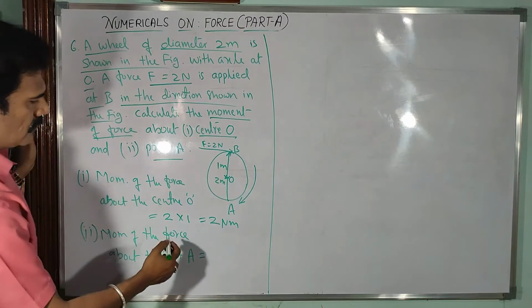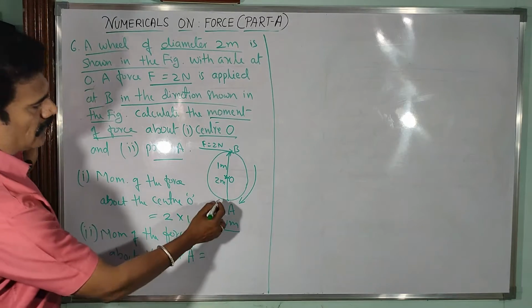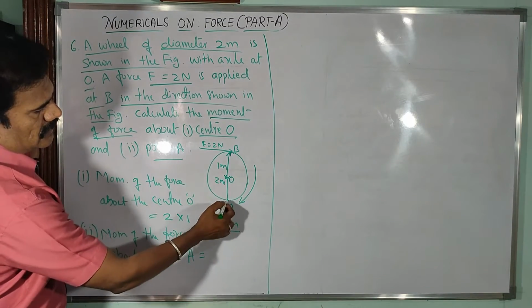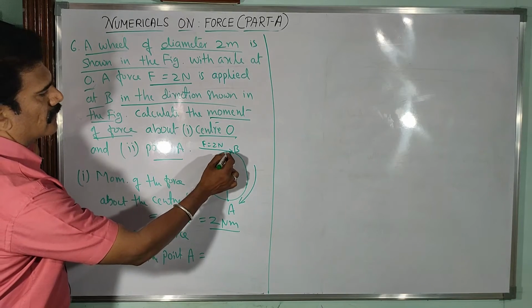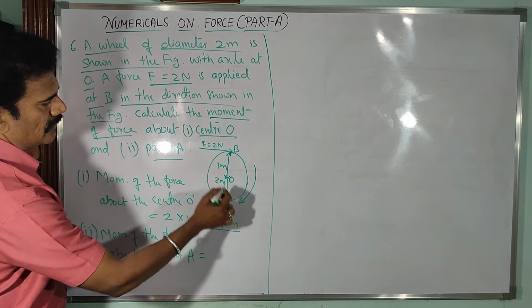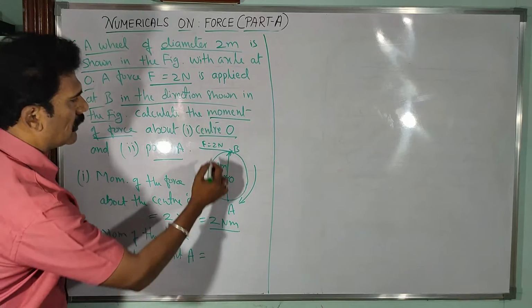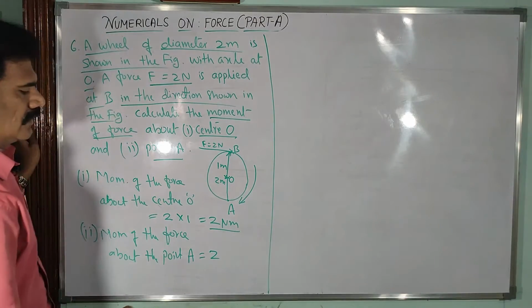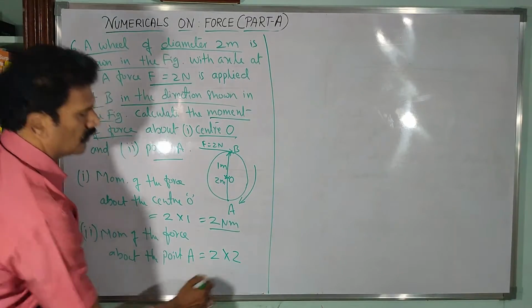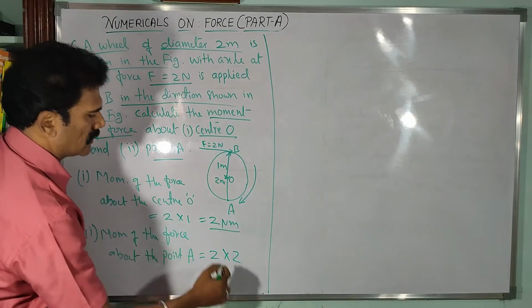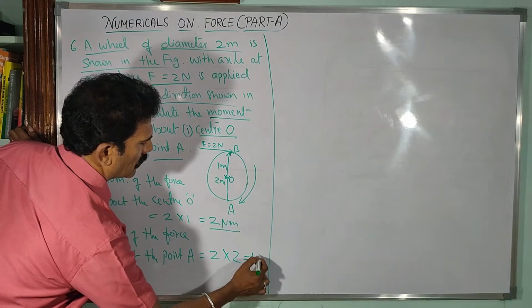So about the point O it is 2 Newton meter. About the point A, what is the distance from the applied force F? That is equal to the total diameter, 2 meter. But the force is the same, 2 Newton, into 2. 2 into 2 is equal to 4 Newton meter.